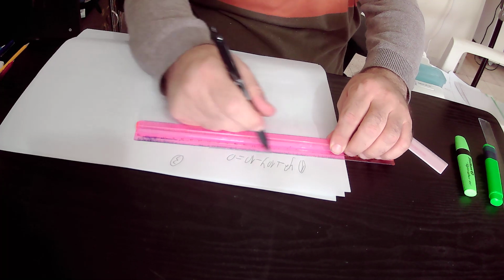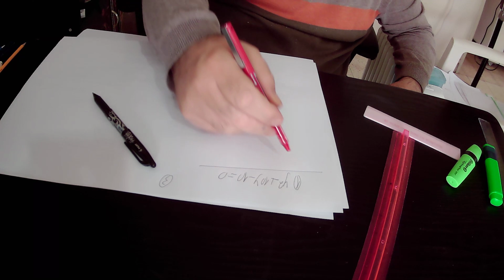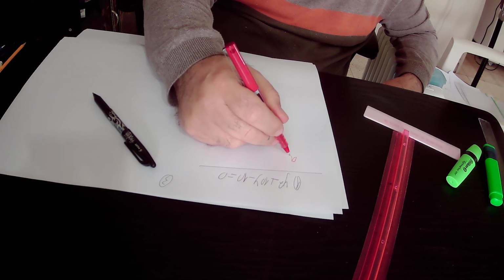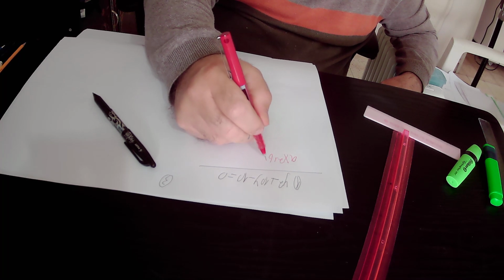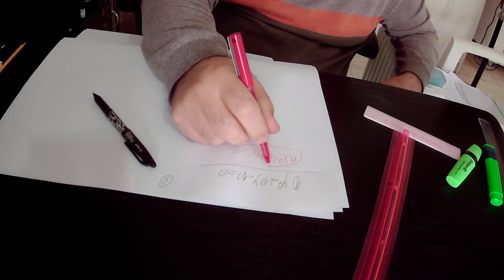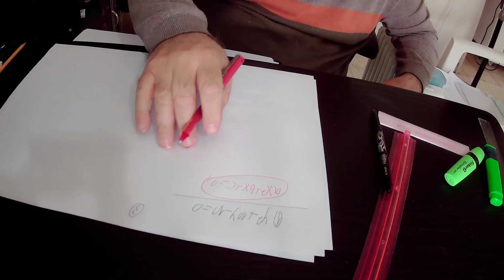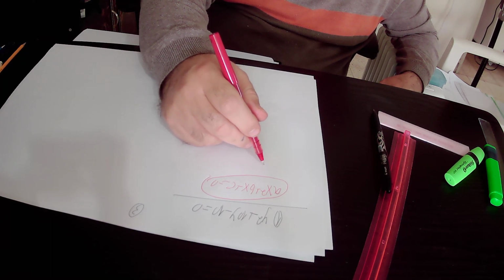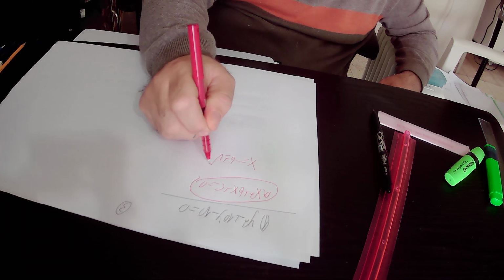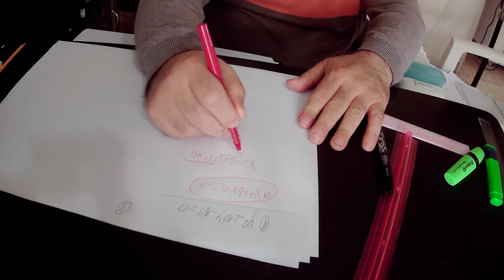We have here a quadratic equation, and the general form for a quadratic equation is ax squared plus bx plus c equals 0. Here a, b, and c are the coefficients of the quadratic equation, and x is the variable that we are looking for. And we find the value of x according to the following formula. x is equal to minus b plus minus the square root of b squared minus 4ac, over 2a.